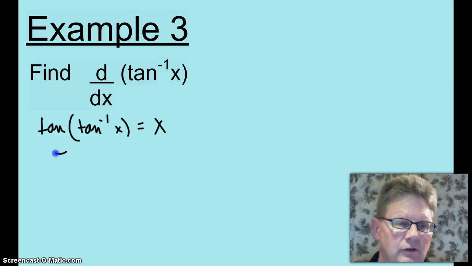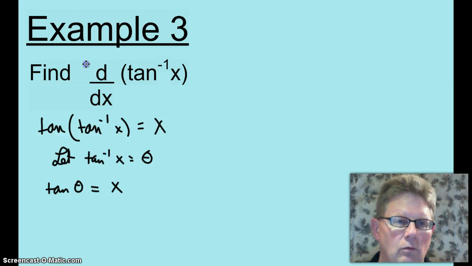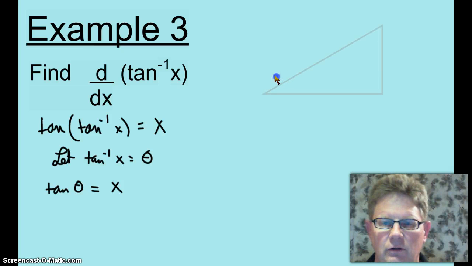Watch this craziness. Let tan inverse of x equal theta. Then you have tangent of theta equaling x. Alright, now what we're going to do is we're going to find a triangle here.